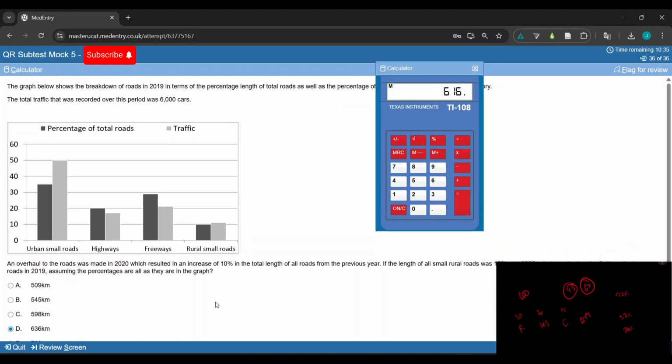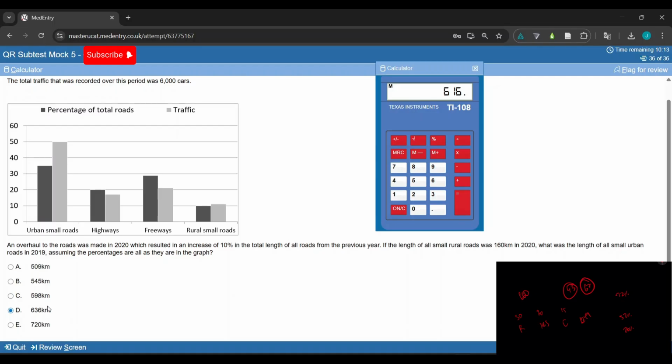Ooh. Increase of 10% in the total length of all roads. The all small urban roads was 160, so it's 1600. 1600 times that by 0.35, 560, times that by 1.1.